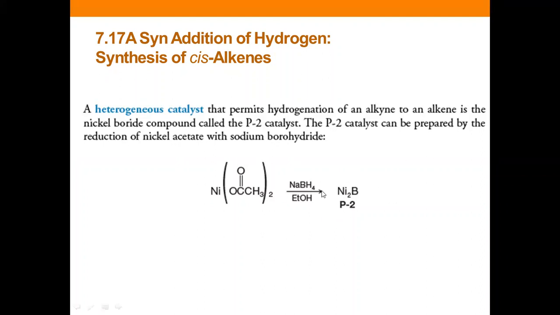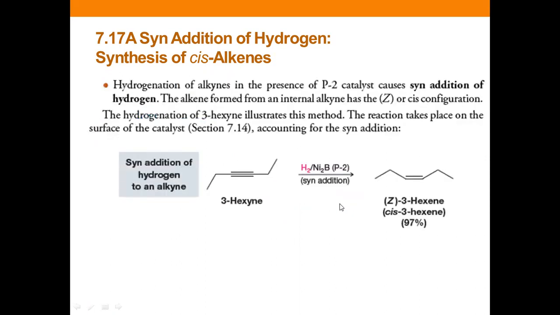You have here nickel boride, commonly called the P2 catalyst. So this is how it's being prepared. You have nickel acetate here in the presence of sodium borohydride, in the presence of ethanol. This one is being reduced to produce your nickel boride here, or P2.